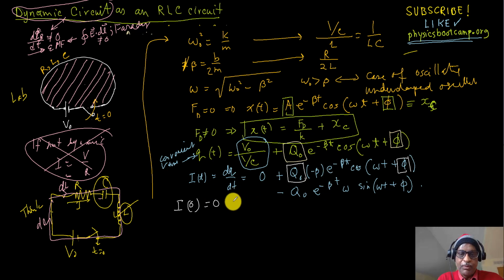So if it fixes one of them, what do I get here? I get minus beta q0 e to the power minus beta t.